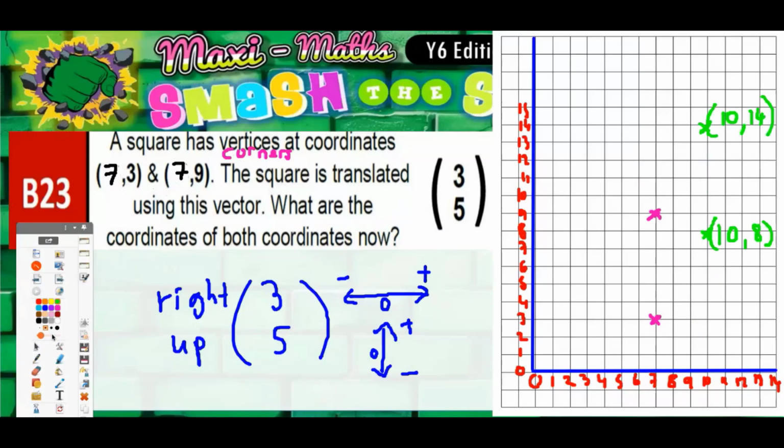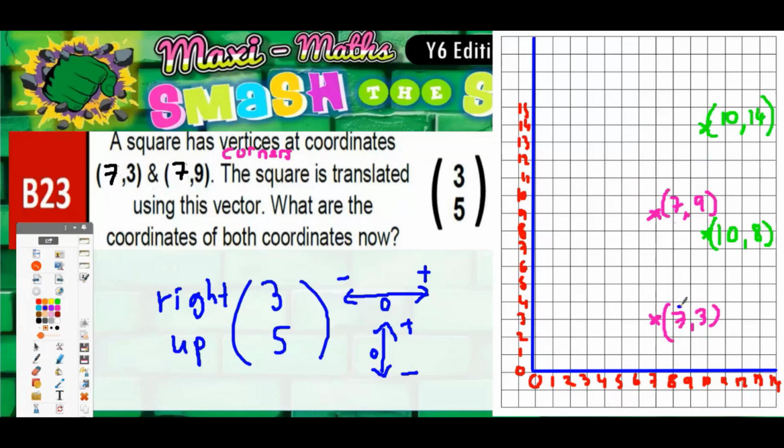But if we write the original coordinates in, so this one was (7, 3), and this one was (7, 9). If you compare the original coordinates to the new coordinates, you will see that the first numbers have added 3 each time.